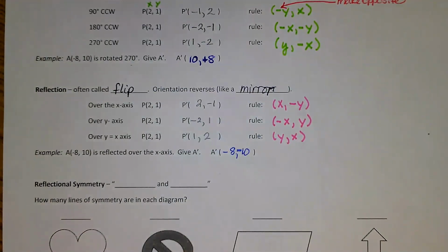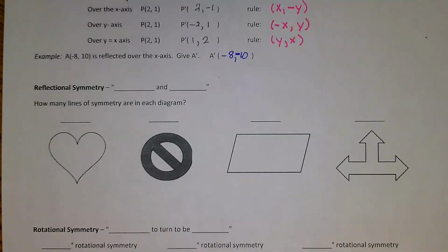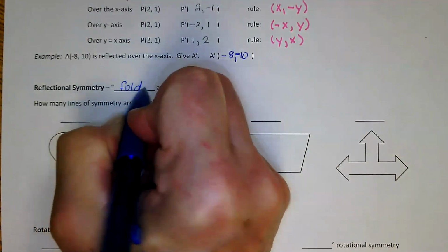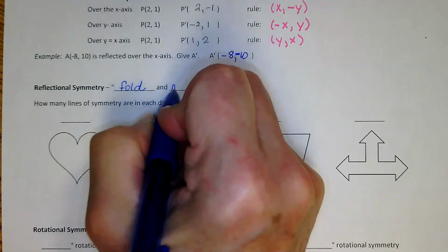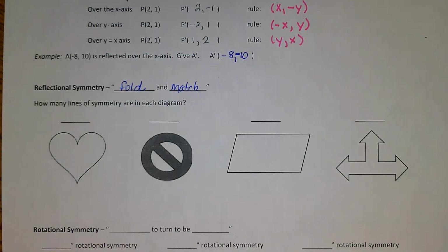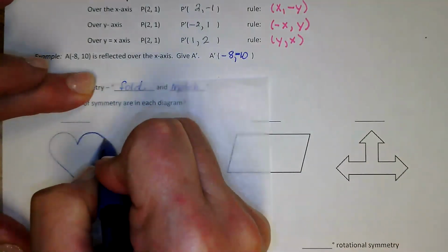All right, a shape can have reflectional symmetry. In other words, where can I fold the shape and it matches exactly on both halves? For example, we have a beautiful little heart.